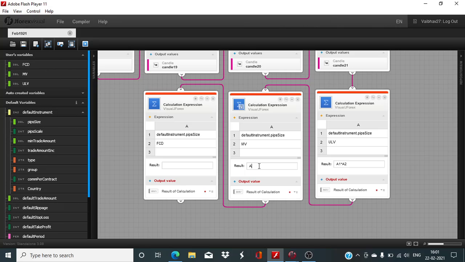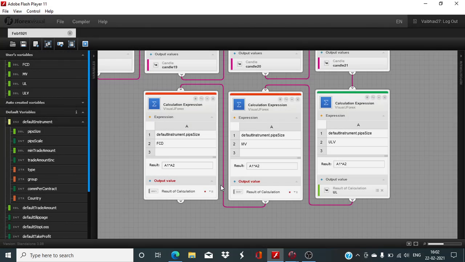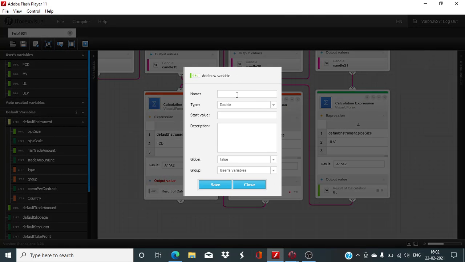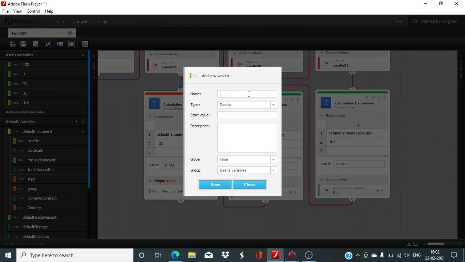Here also the same thing, A1 into A2, again A1 into A2, and this will be upper limit, this will be lower limit, and this will be minimum condition.